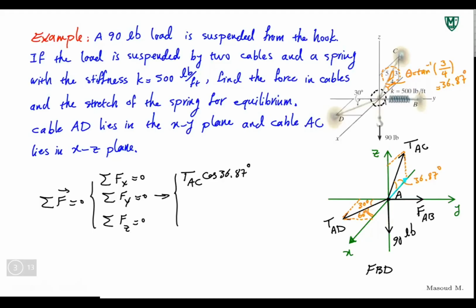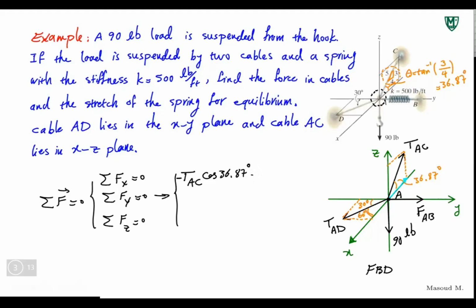What is the direction of TAC along the X-axis? Is it positive or negative? Negative, right? Because it's on the negative side of X. It's pointing that direction. So I'll put a negative here. What other component along the X-axis do I have from this free body diagram? You have TAD, but only times cosine 60 degrees. Exactly.